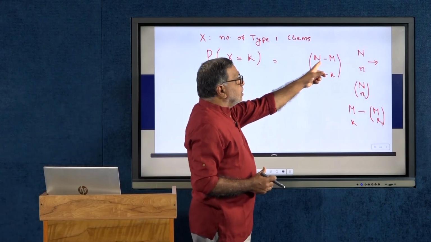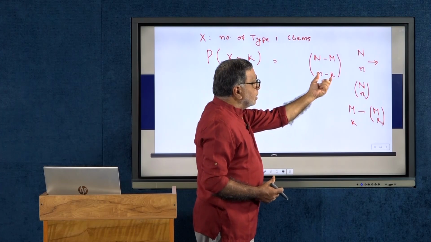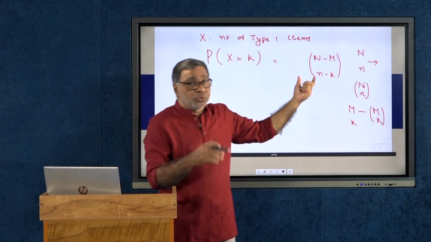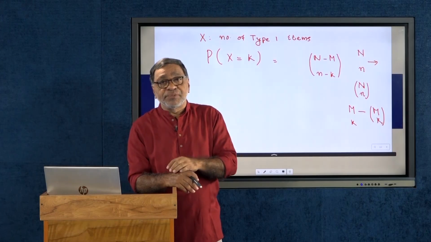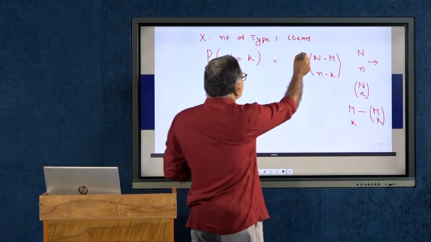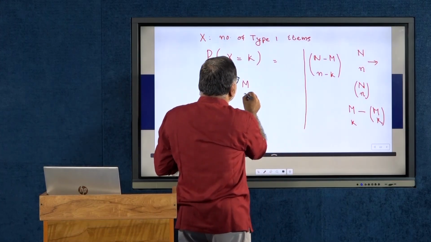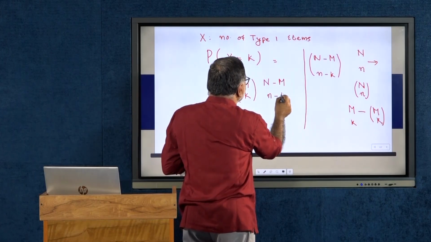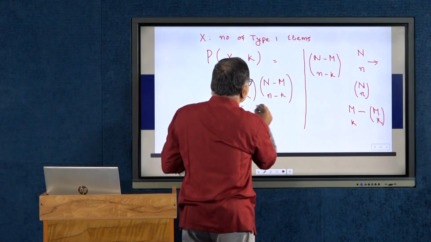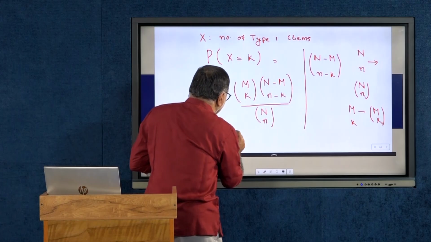And for the remaining, the favorable cases for the n minus k type 2 items are N minus M C n minus k. So what is this probability? This probability is M C k times N minus M C n minus k divided by N C n.